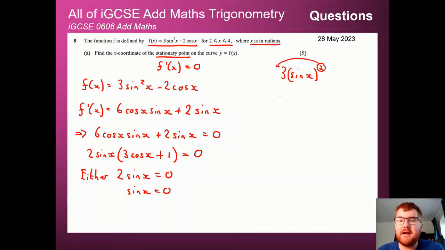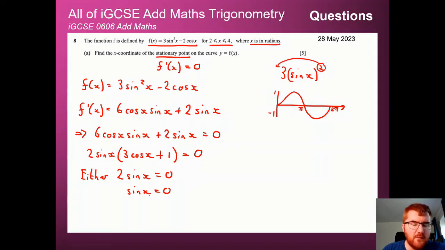And if you think about how the sine graph looks here, again, a nice quick sketch. It starts at 0, comes up, down, and then round like so. We're working in radians here, so it crosses here at pi and here at 2 pi, between 1 and minus 1. So when is sine x 0? Well, it's 0 here at 0, at pi, and at 2 pi.